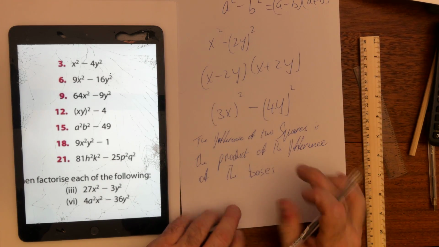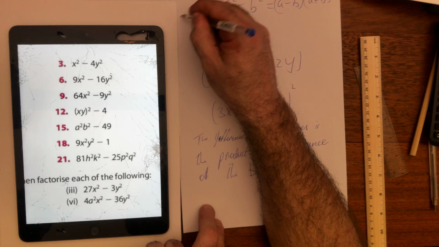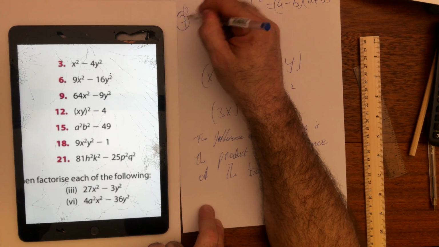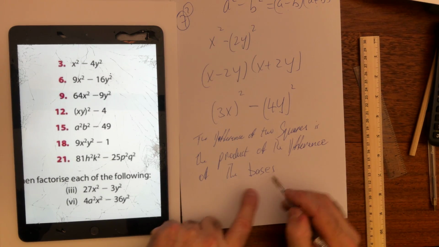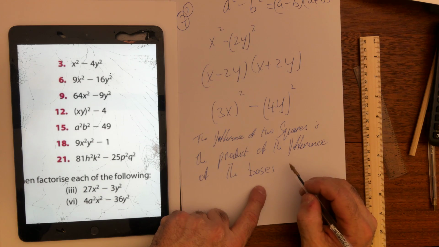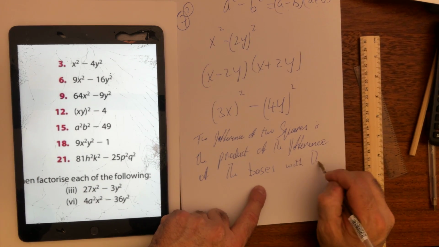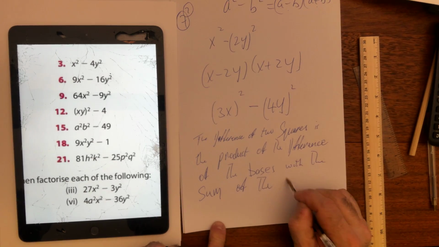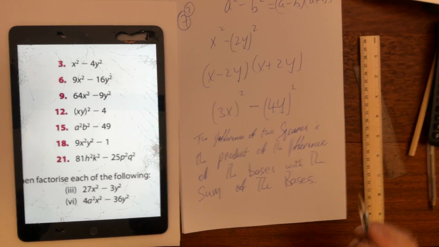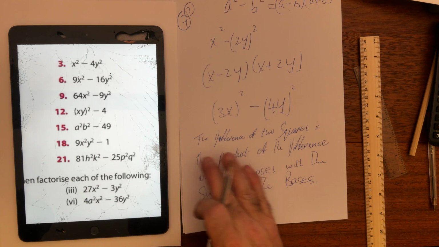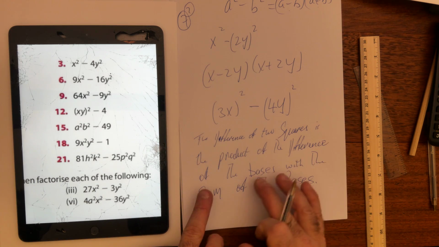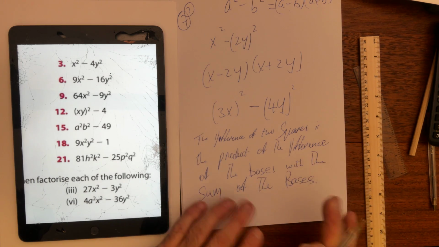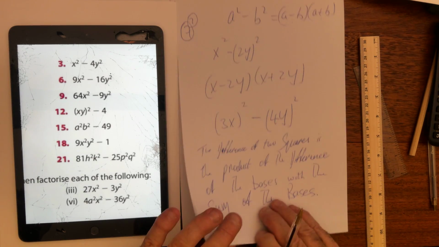The base is the number. If I go 7 squared, 7 is the base, and I'm squaring it. The difference of two squares is the product of the difference of the bases with the sum of the bases. You should know that. You should be able to say that. What's the difference of two squares? The difference of two squares is the product of the difference of the bases with the sum of the bases. Learn to say it, then you know your maths.